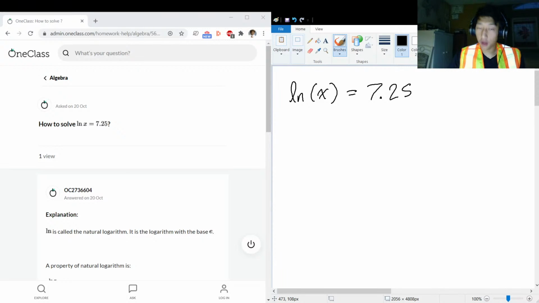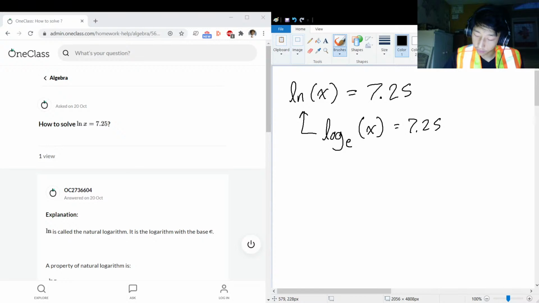Okay, now let's talk about natural logarithm for a second first. This is really just log base e of x is equal to 7.25.